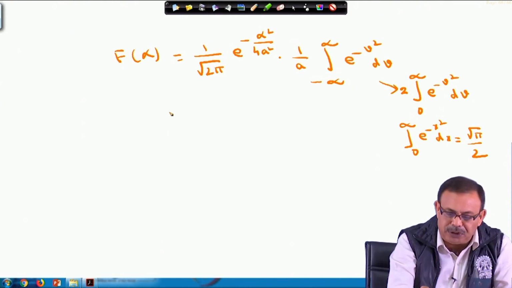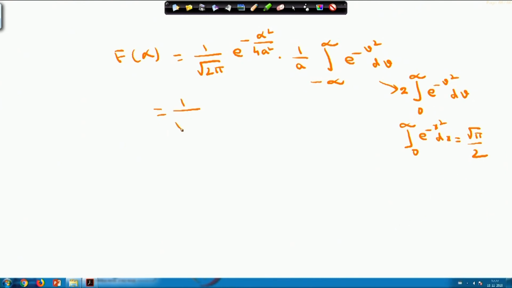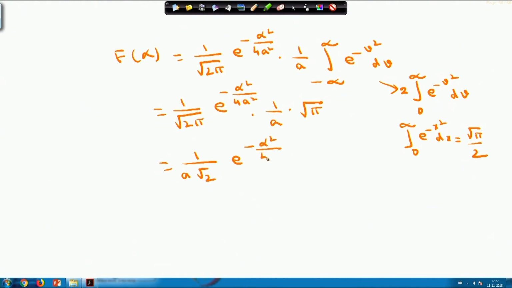If I substitute that value, I obtain 1 by root 2 pi into e power minus alpha square by 4 a square into 1 by a into root pi. So ultimately you obtain 1 by a root 2 e power minus alpha square by 4 a square.